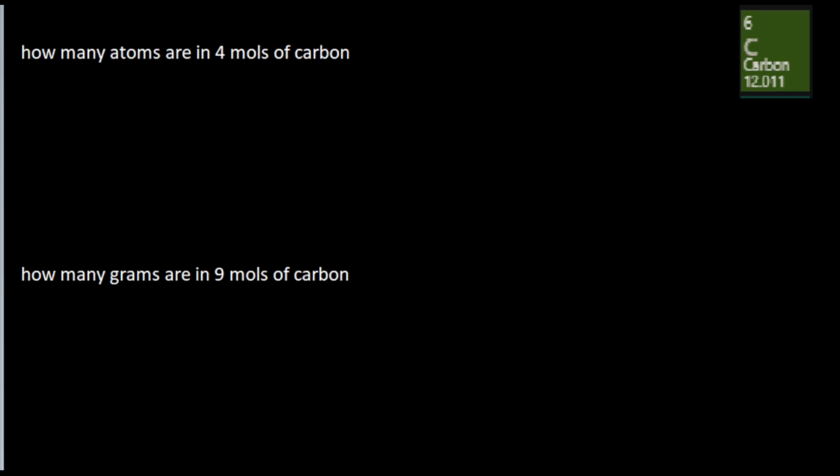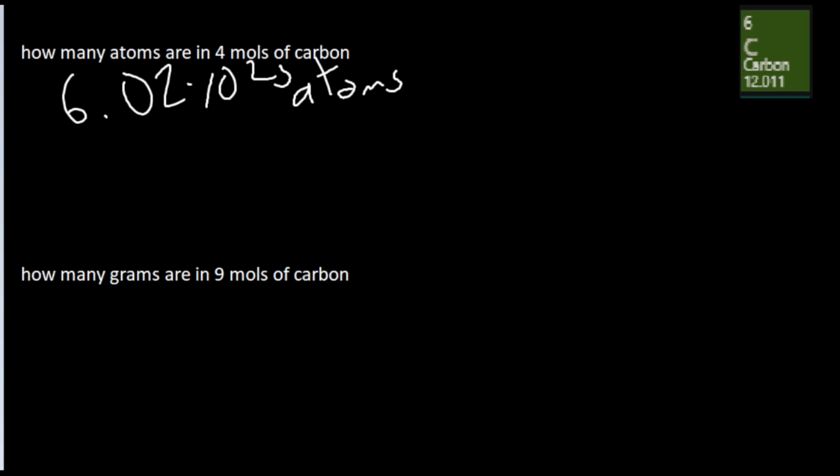Okay, so how many atoms are in 4 moles of carbon? Well, we know that everything has the same amount of atoms in a mole. So the constant number is 6.02 times 10 to the 23rd atoms per mole.